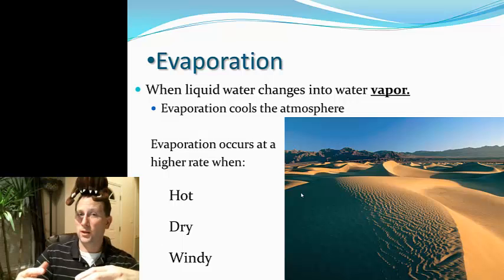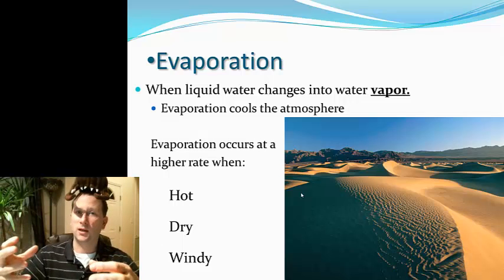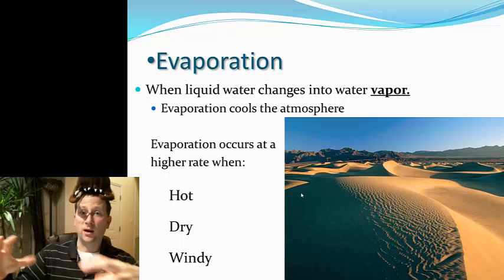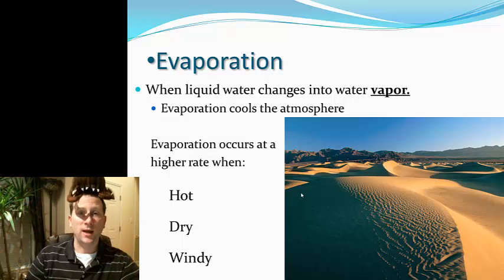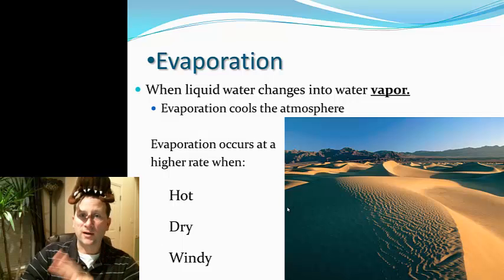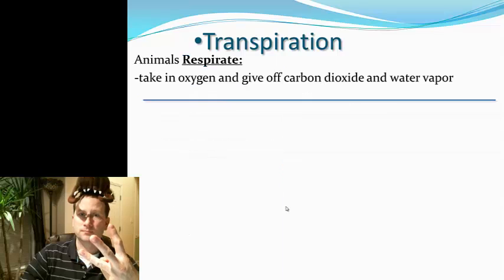If there's a little bit of wind, that layer mixes a little bit, and then more water can evaporate into the air. If it's very windy out, the water vapor might mix into the bottom kilometer of the atmosphere, allowing for a lot more water to evaporate. So we have three factors that affect evaporation: the temperature, the humidity of the air, and how windy it is.